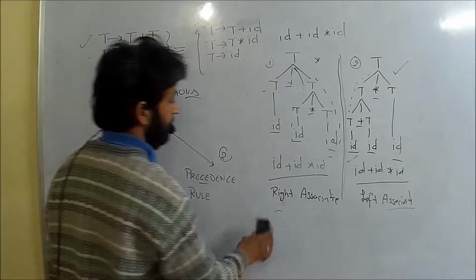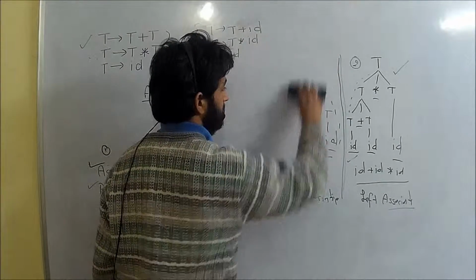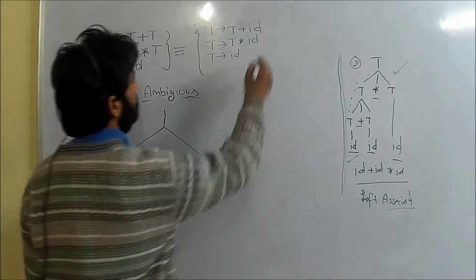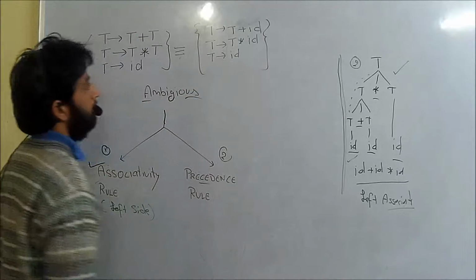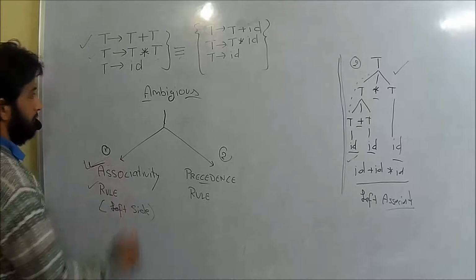So by rejecting this one parse tree, I am generating the equivalent grammar which is unambiguous and follows the associativity rule.